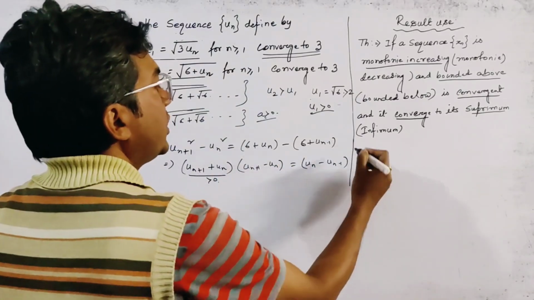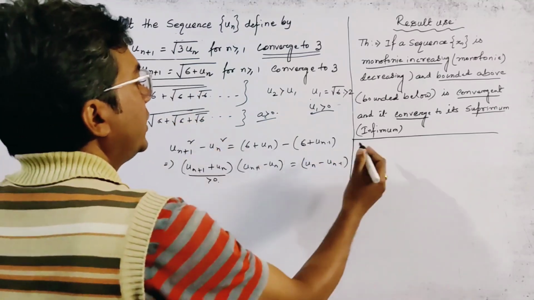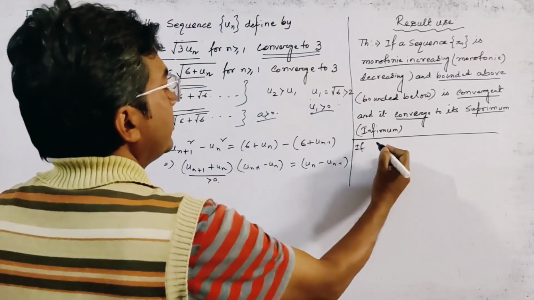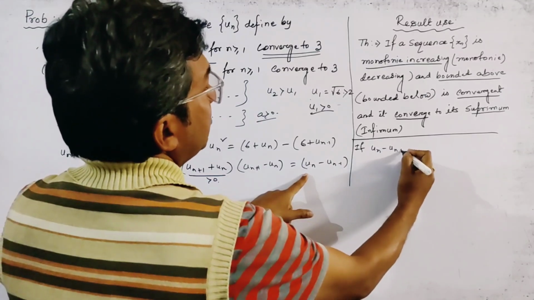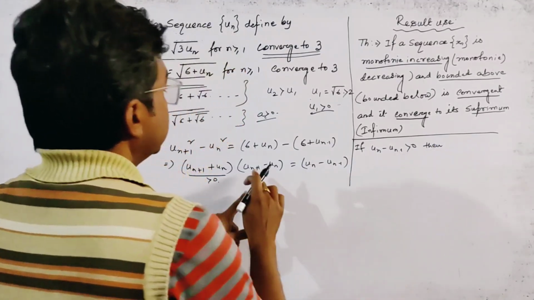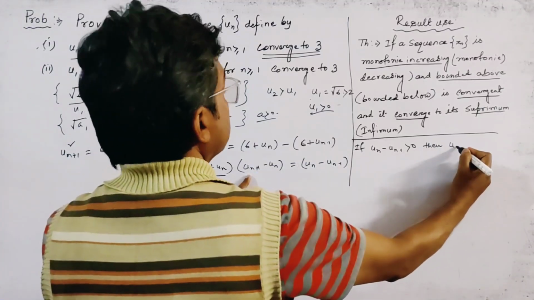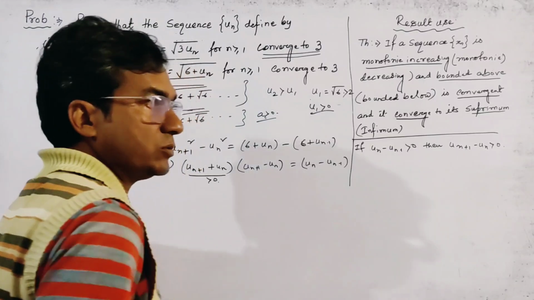As in problem 1, we also write: if un minus un minus 1 is greater than 0, then the other side, un plus 1 minus un, is also greater than 0.